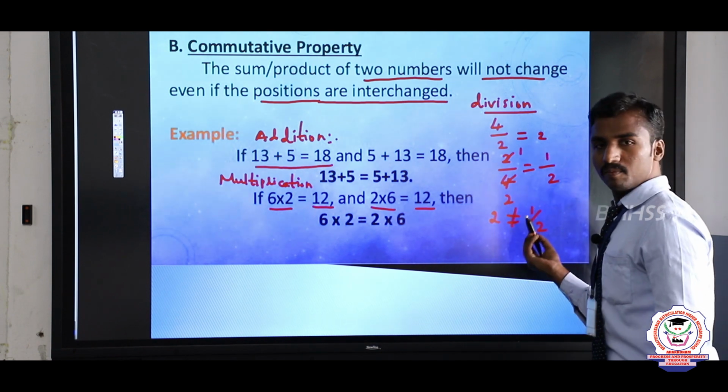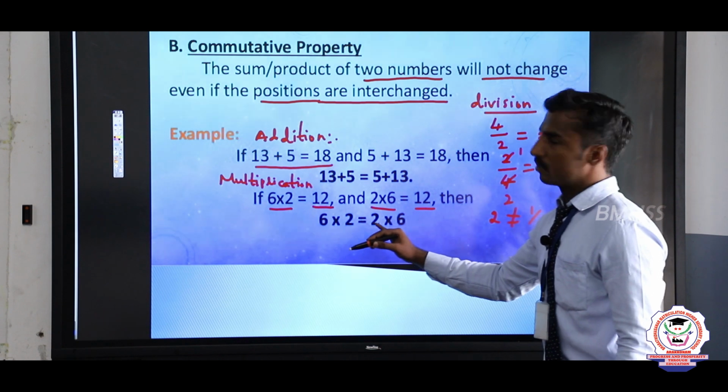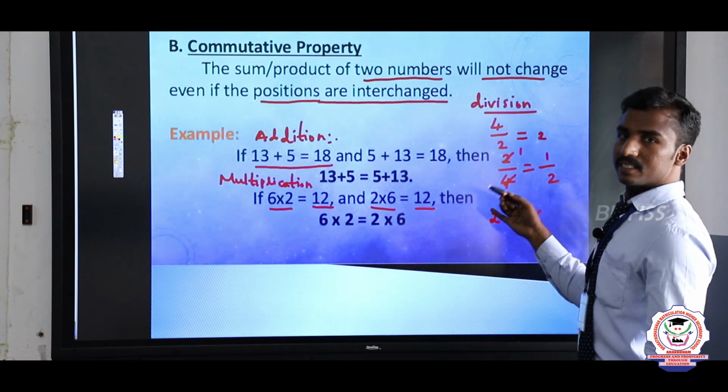So division is not possible for the commutative property. Addition and multiplication only are possible. Division and subtraction are not possible.